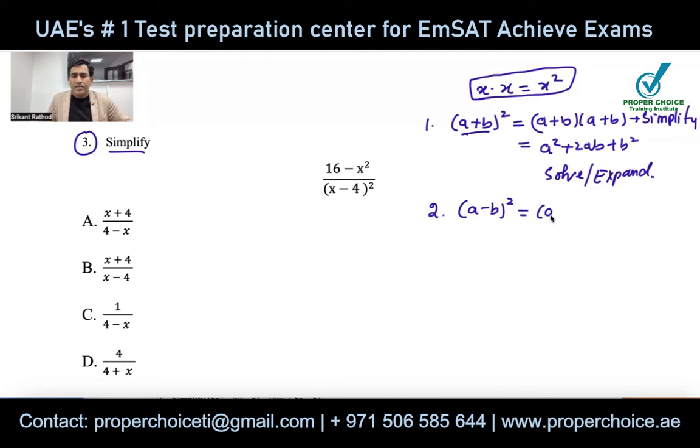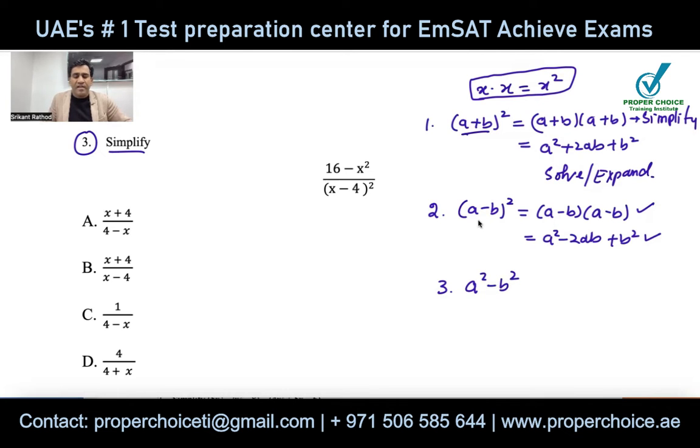It will be written as a minus b times a minus b, which can also be written as a square minus 2ab plus b square. This is the simplifying identity. This is for simplify and this is for solve or expand. The third and the most important here is a square minus b square. So let me tell you, there is a difference between the second one and the third one.